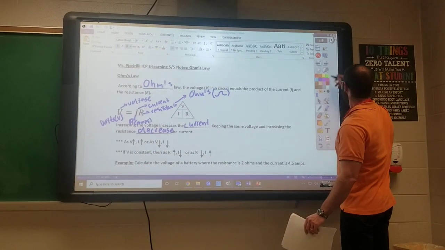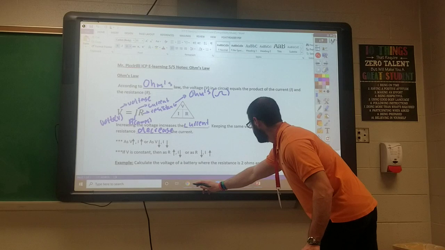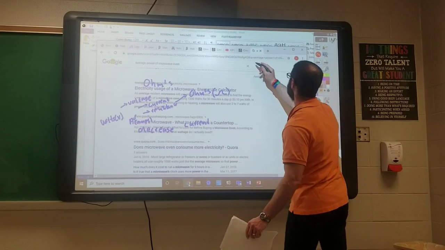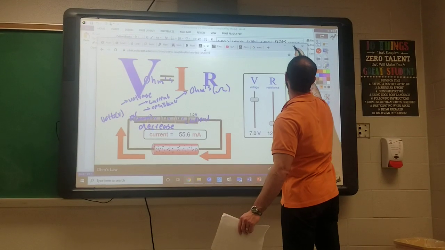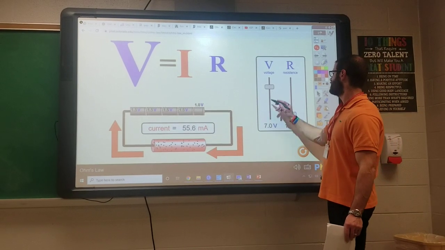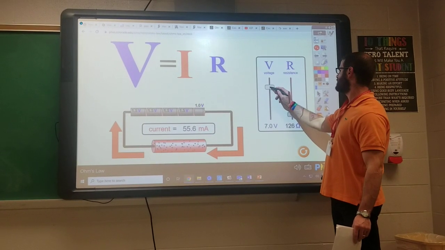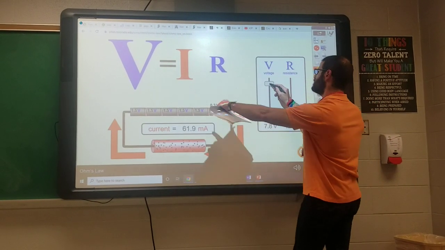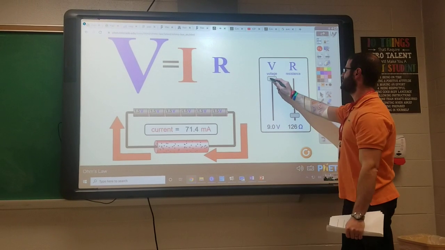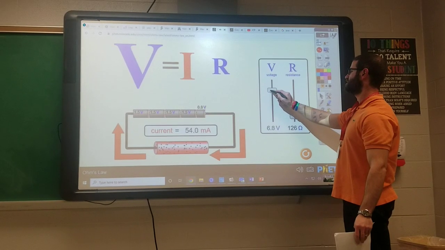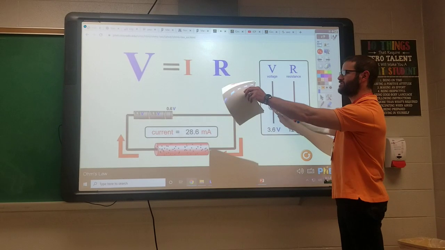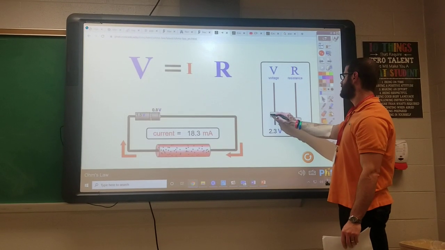So let me just show you a little graphic here on Ohm's law and the relationship between voltage, resistance, and current. If I increase my voltage, notice what's happening to the current. The current is also increasing. If I decrease the voltage, my current also decreases. Remember, V represents voltage, I represents current.